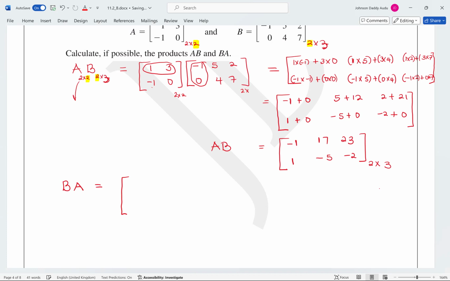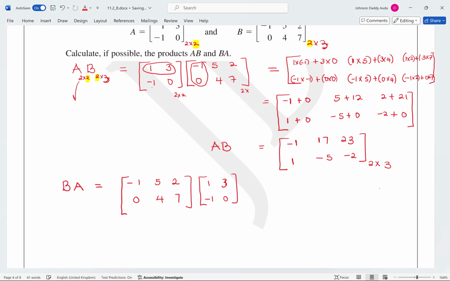This is very important. So this is minus 1, 5, 2, 0, 4, 7, and then this one is 1, 3, minus 1, 0.